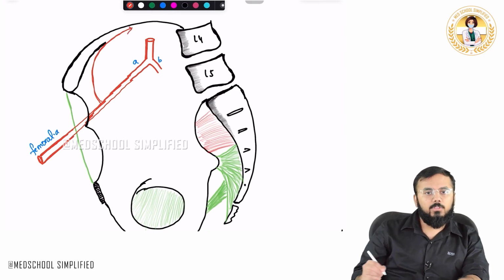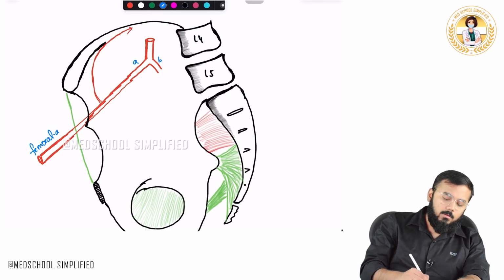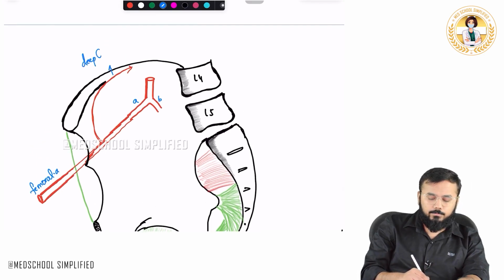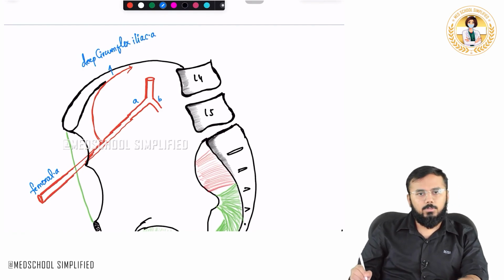The name of this branch is the deep circumflex iliac artery.